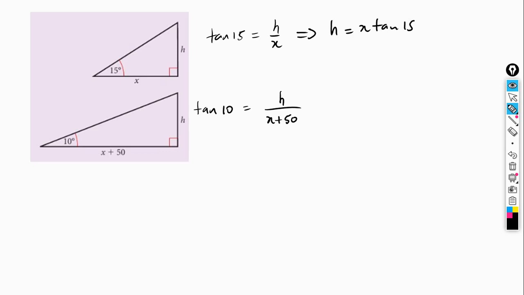And we're going to use this to substitute in here and then solve for x. So tangent of 10 will now be equal to x times tangent of 15 over x plus 50.